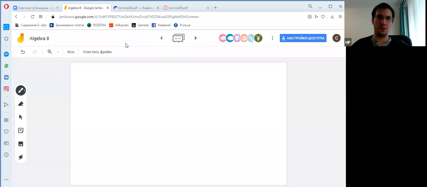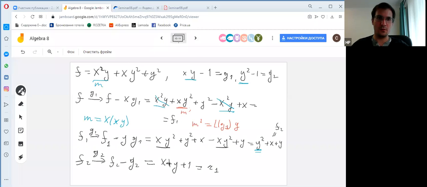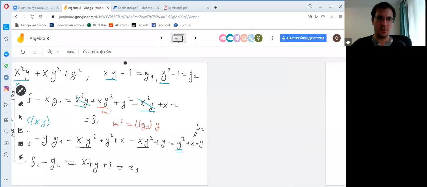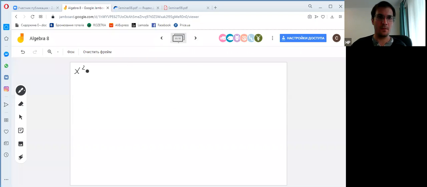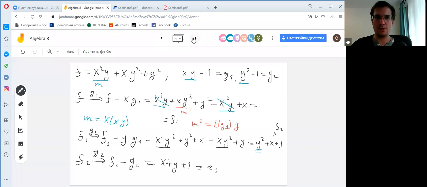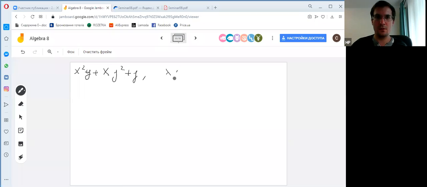Let me write this down in the second frame. x squared y plus xy squared plus y, and we have two polynomials: g1, which is xy minus 1, and g2, which is equal to y squared minus 1, and this is f.